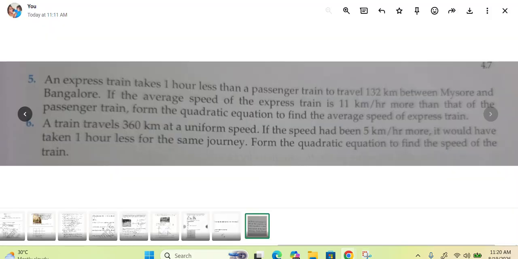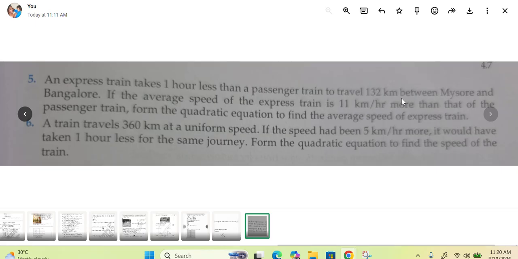Right? So now we will discuss the first question. An express train takes 1 hour less than the passenger train to travel 132 kilometer between Mysore and Bangalore. So, see, they are talking about a situation. There is a fixed distance. What is the distance?